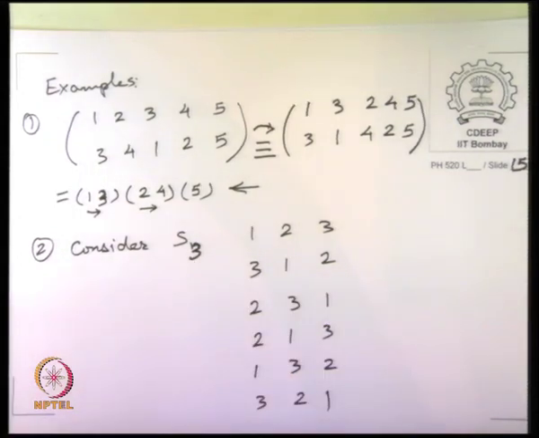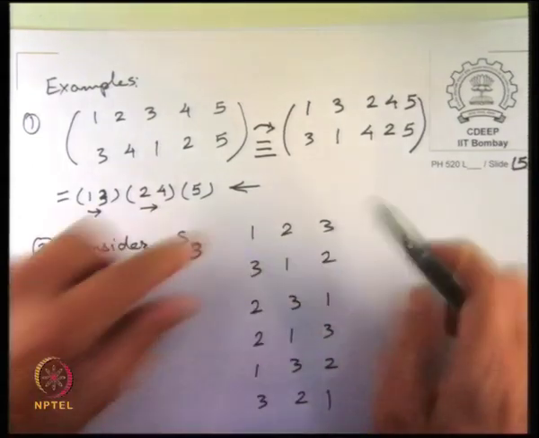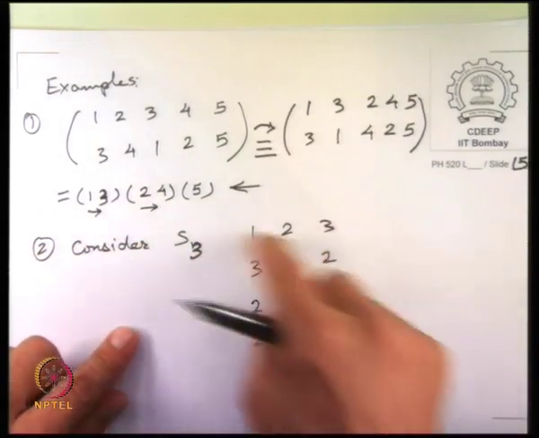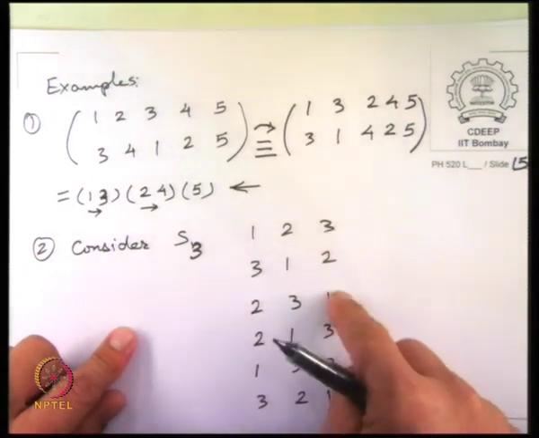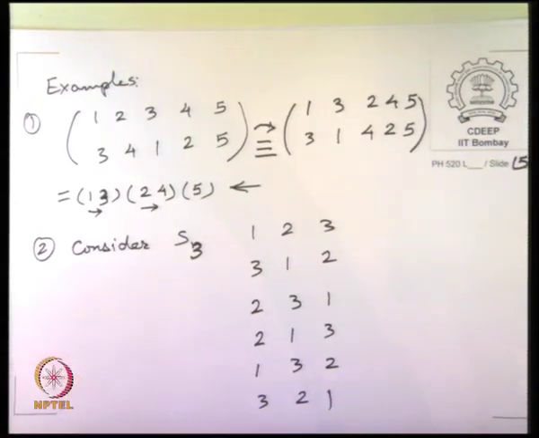So if I have 3, I have 3 factorial elements in S3. There are 6 of them, and ideally I could write out this as one permutation. Then I could take this same starting order and write this as the second row and so on. So these are all the 6 possible permutations. These are the representations of the objects, not the representation of the permutation.